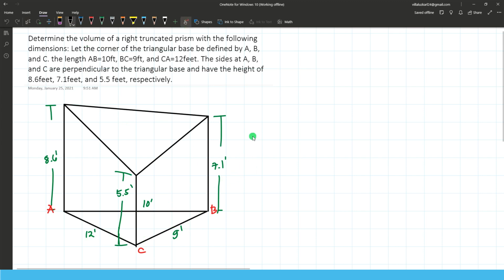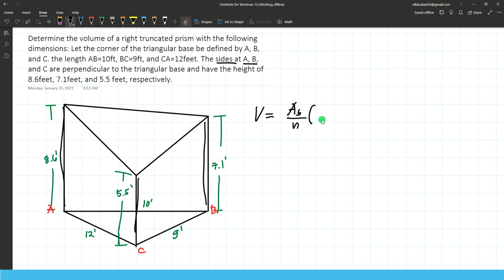The volume is equal to the area of the base divided by the number of sides, times the sum of the sides at A, B, and C, or the perpendicular sides with respect to the vertices of the base, or the altitudes of each side.